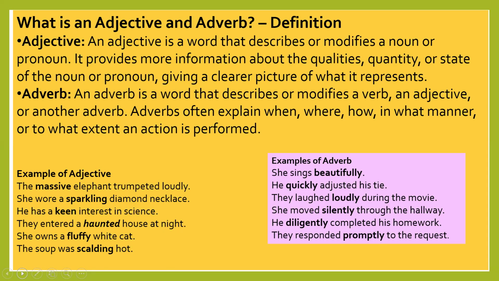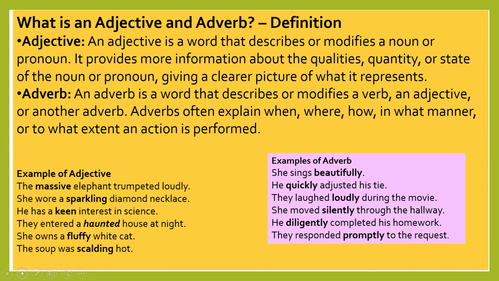Now, examples of adverbs. He sings beautifully, he quickly adjusted his tie, they laughed loudly during the movie, she moved silently through the hallway, he diligently completed his homework, they responded promptly to the request. In these cases, beautifully, quickly, loudly, silently, diligently, promptly are adverbs.